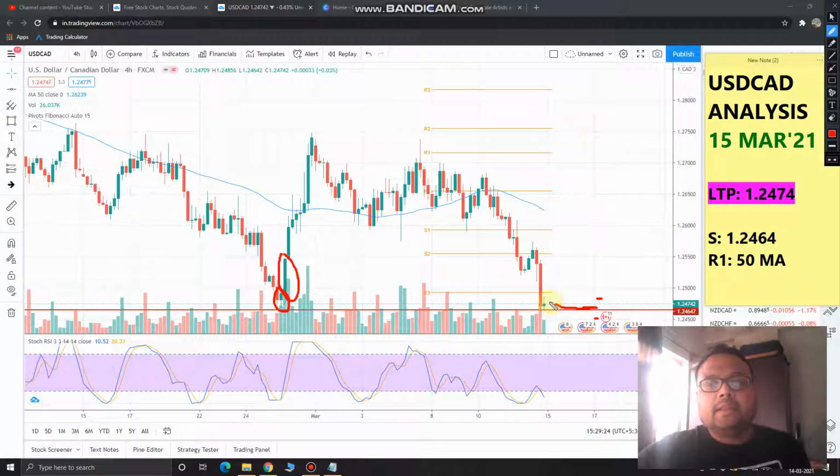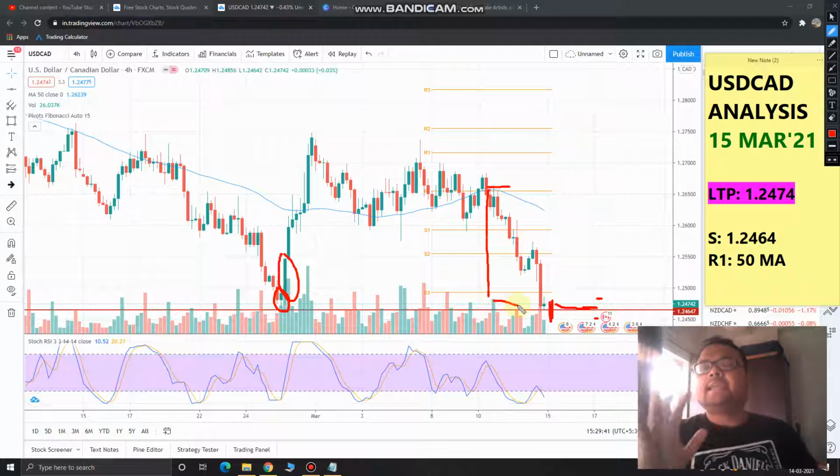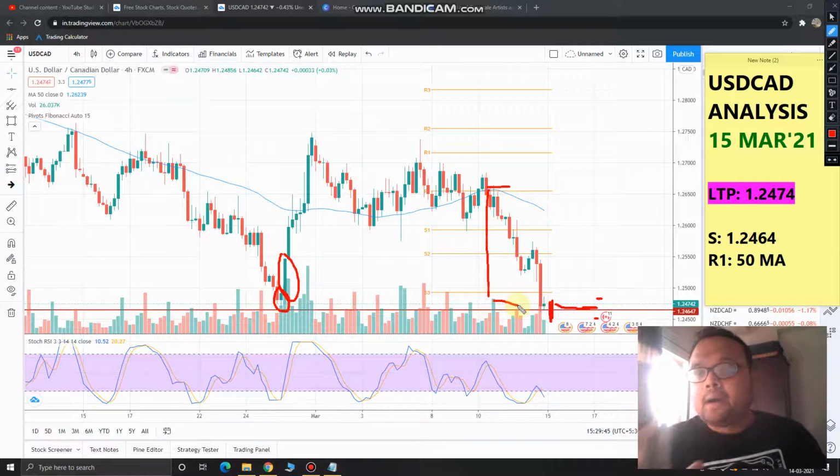On the other hand, if the market crosses this level, there is a high chance that the market will break this level, because the overall trend of the market is down, and just by looking at this selling pressure, we can easily say that the sellers are still dominating the market.